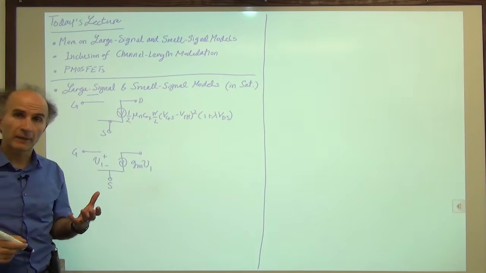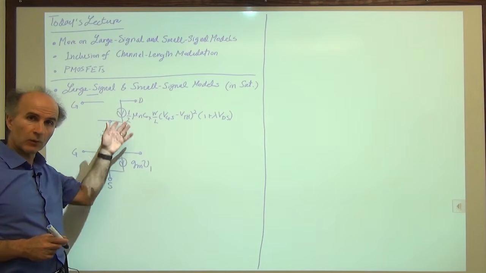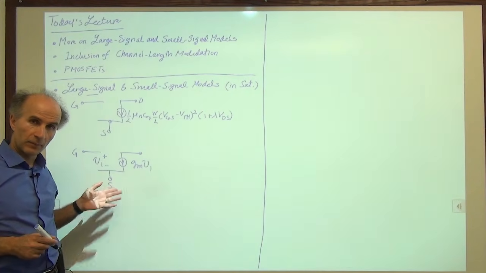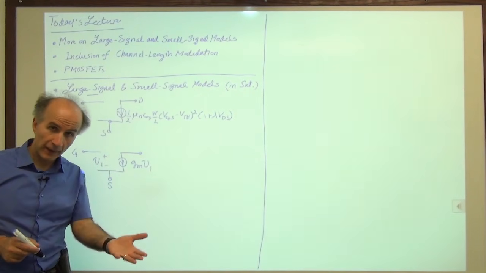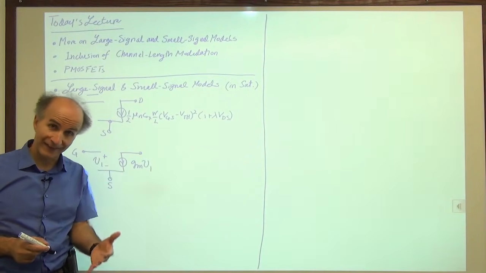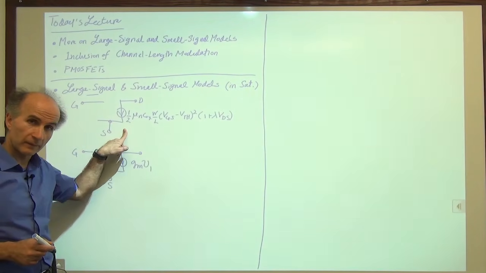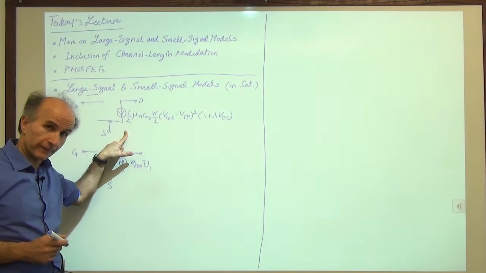Now, if you remember from last time, our analysis usually has to draw upon both of these, because when we start looking at the circuit, first we have to see what bias voltages and what bias current it has. For that calculation, we still have to use this model, even though there's no signal in the circuit.